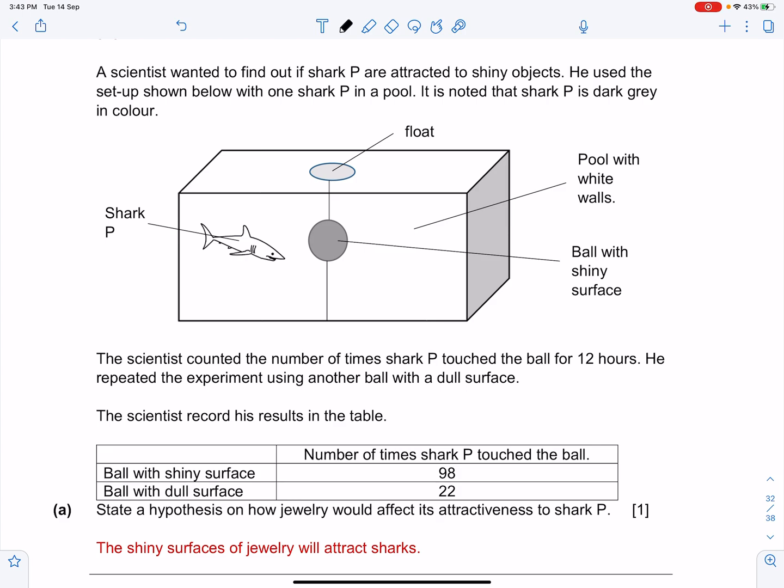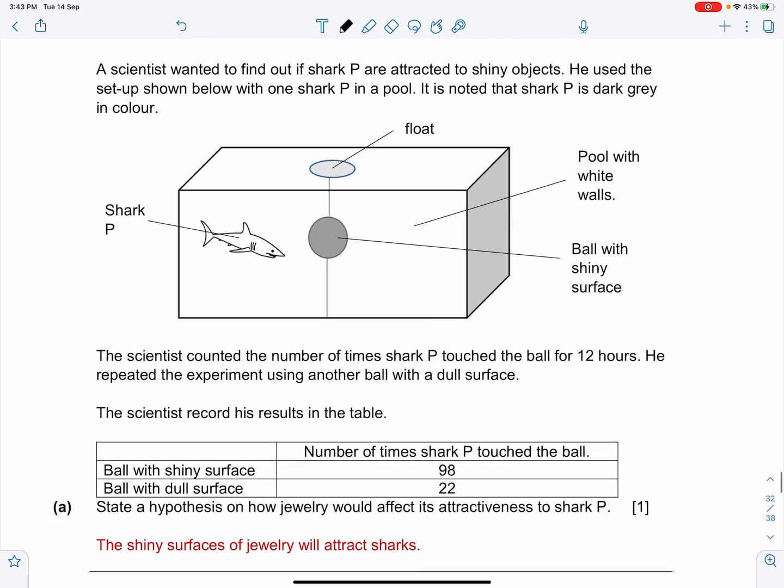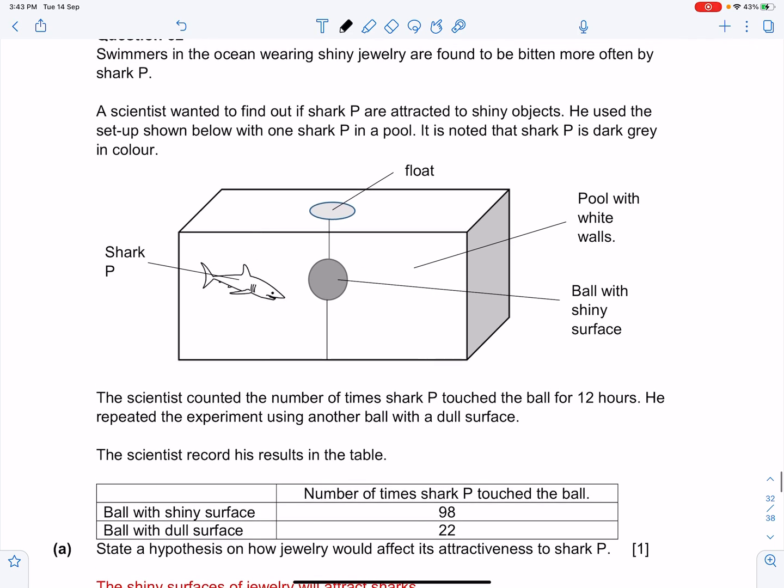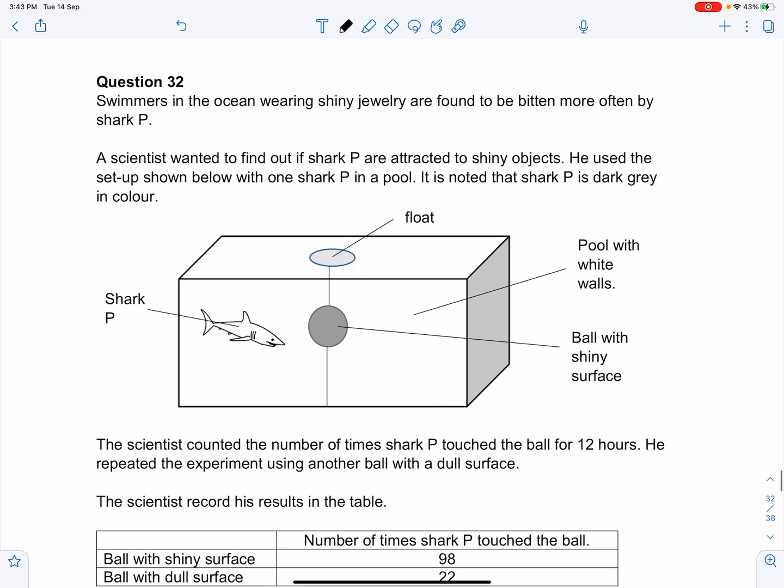This is another, not so straightforward, hypothesis question. Let's take a look at it. Swimmers in the ocean wearing shiny jewelry are found to be bitten more by shark P. A scientist wanted to find out if shark P are attracted to shiny objects. He used the setup below with one shark P in a pool.